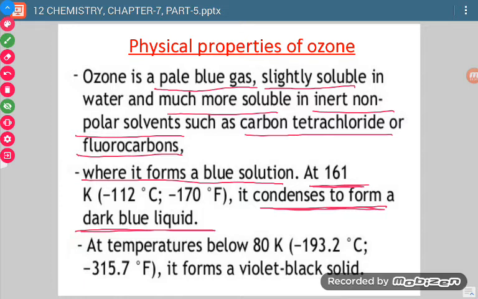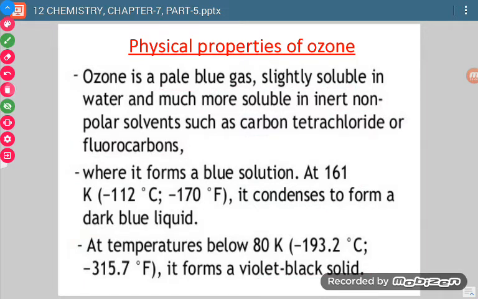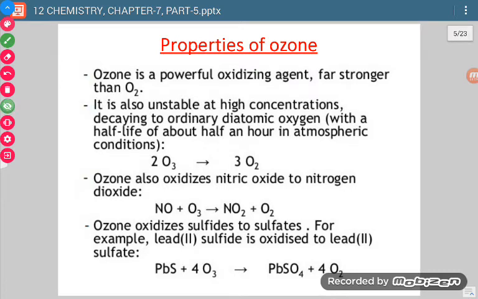If we take it at a temperature below 80 Kelvin, its color changes to violet black. So normally it has a light blue color, but if the temperature changes, its color also changes.